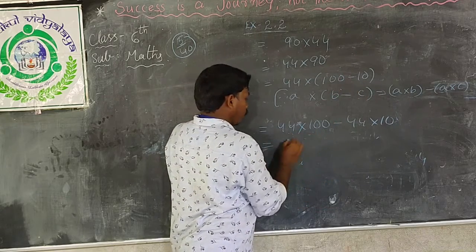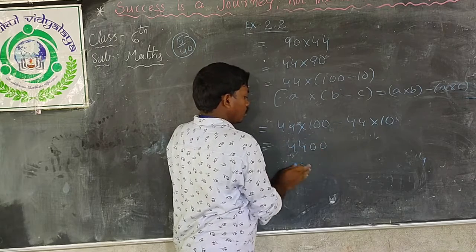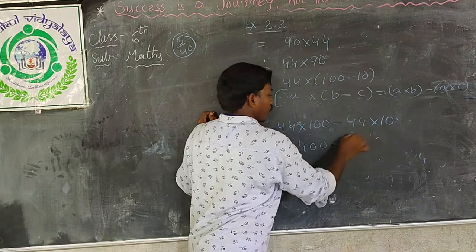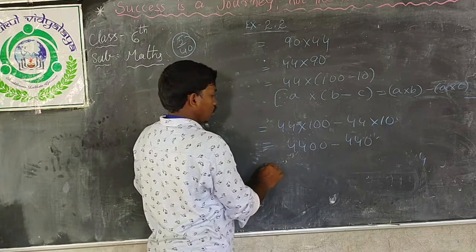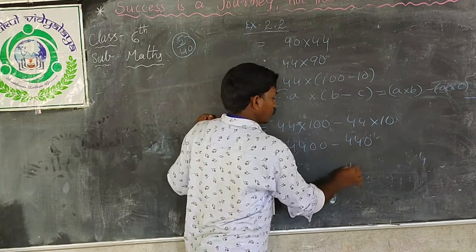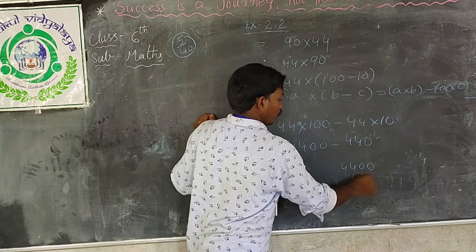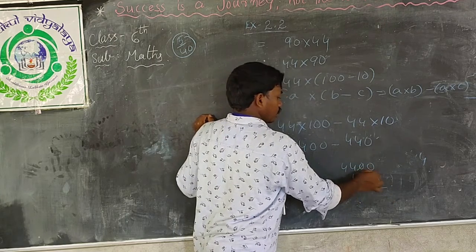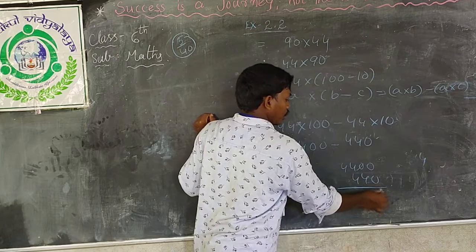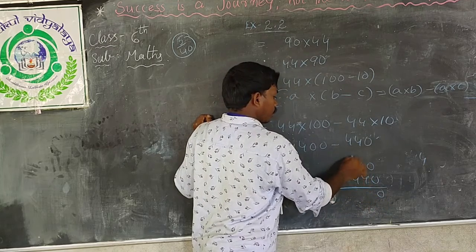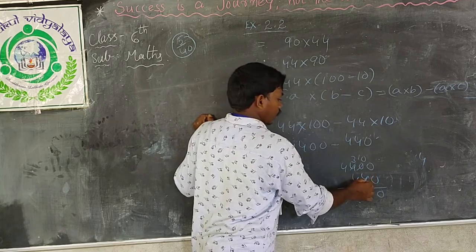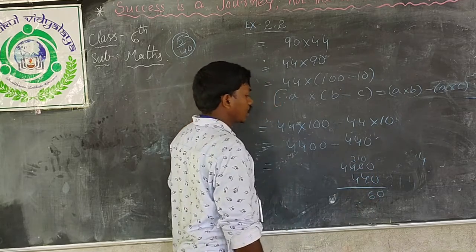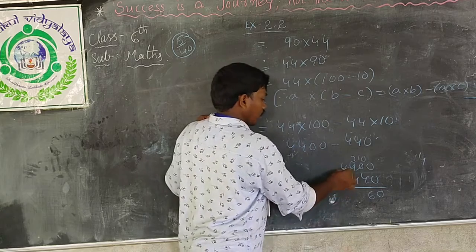So 44 into 100 is 4400, minus 44 into 10, 440. Now subtract. 4400 minus 440. This is 0 minus 0. Take borrow. This will be 3. This is 10. 10 minus 4, 6. Okay, next. Again, this is 3.